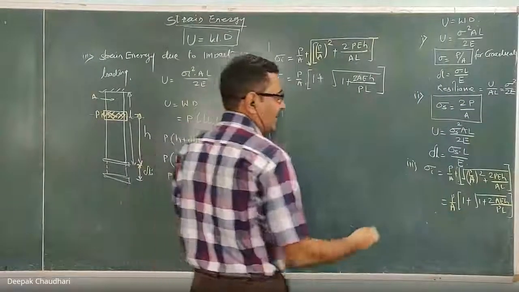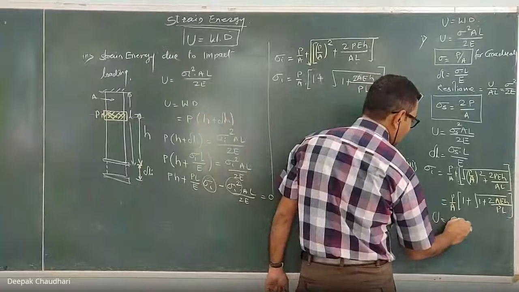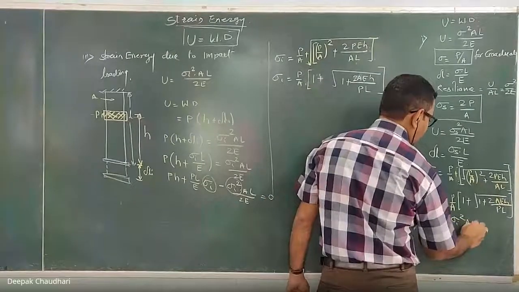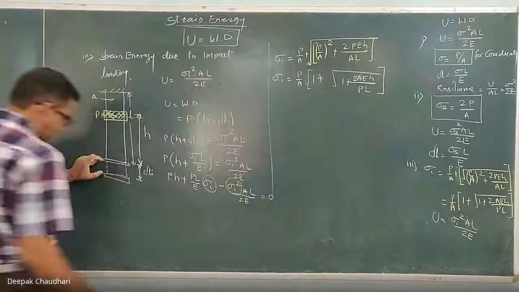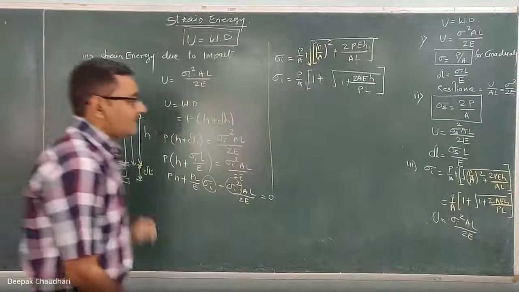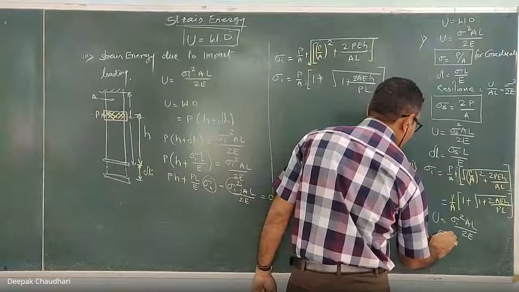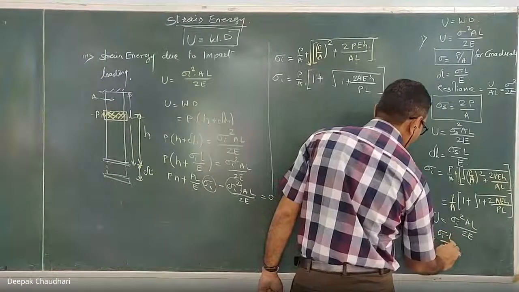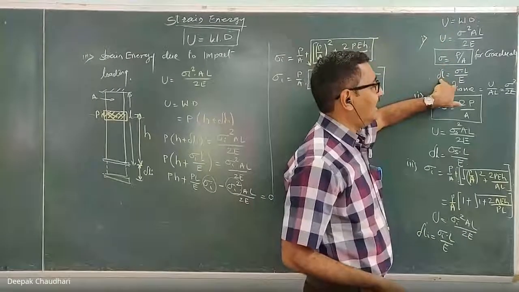Okay, this is the formula, and once you get the stress because of the impact loading, then the strain energy stored equals sigma I square AL upon 2E, and the deformation delta Li because of that impact loading can be written as delta Li equal to sigma I into L upon E. Same formula. Listen, this strain energy and delta L formula is the same.